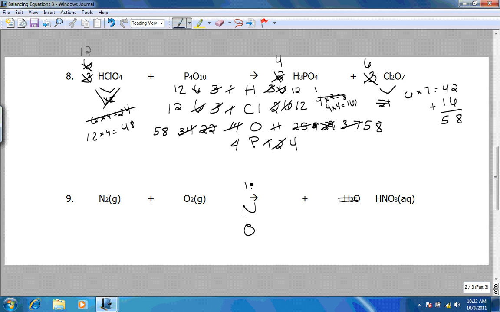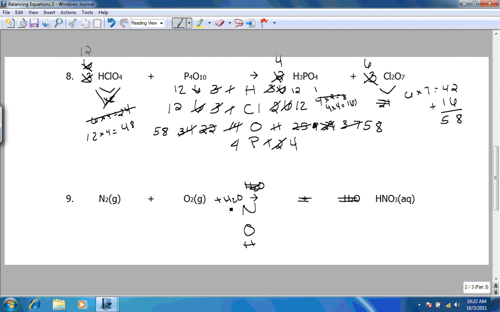It should be up here on top of the arrow, because it doesn't really affect anything. If anything, it should be on the left-hand side. Okay, that was written wrong. Hopefully it's written right on your worksheet.